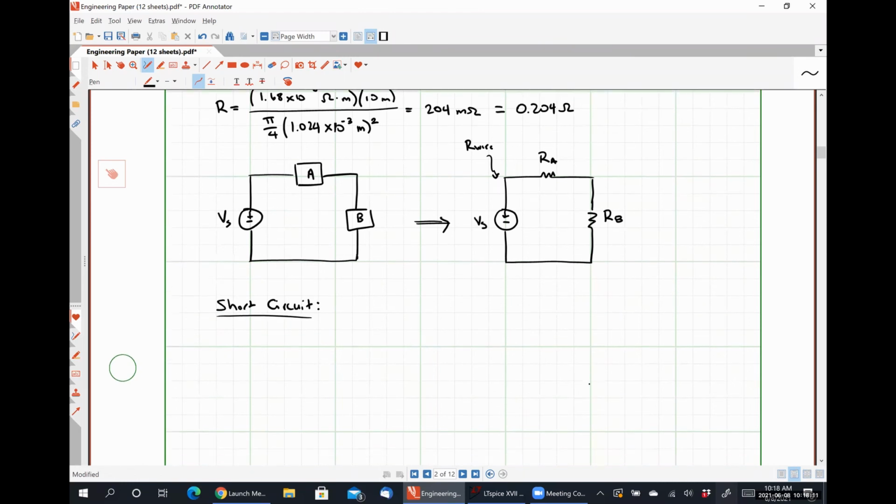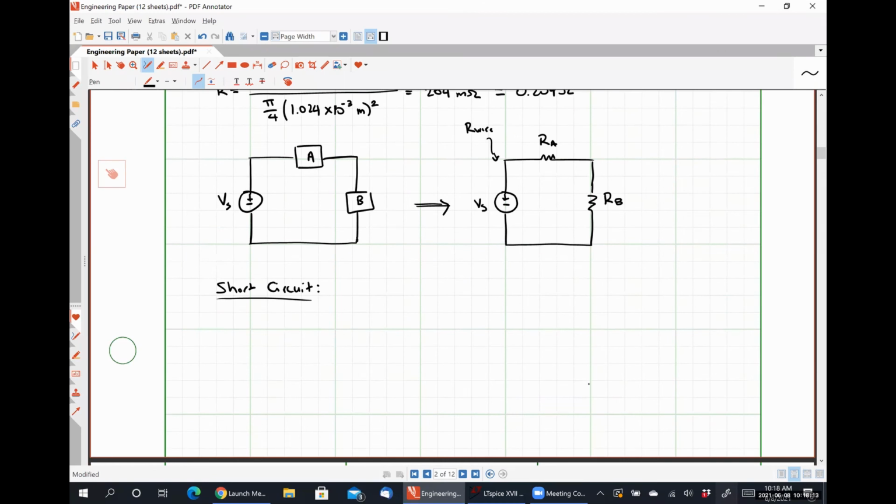So in our class, a short circuit would mean if I have a set of terminals and I place a wire directly between those terminals, this is a short.